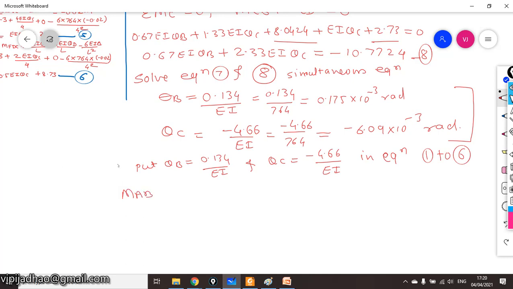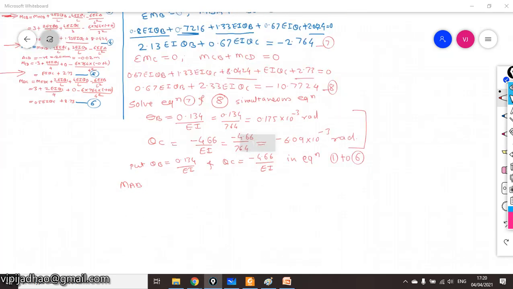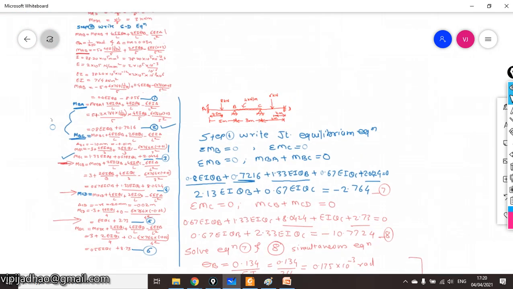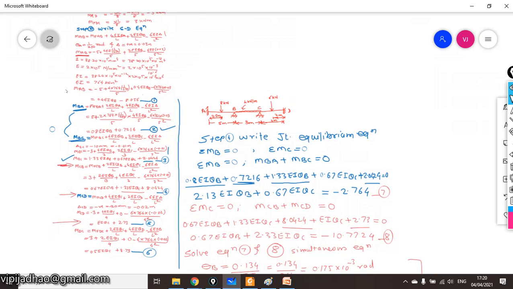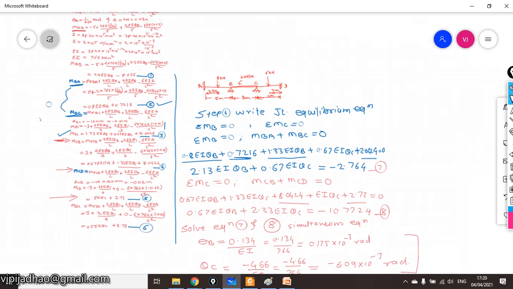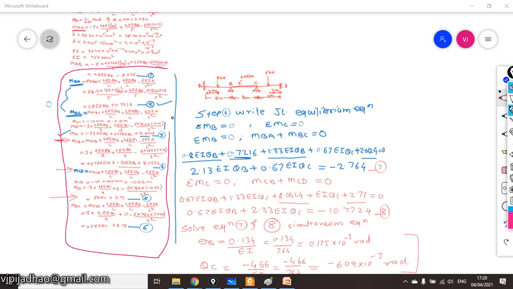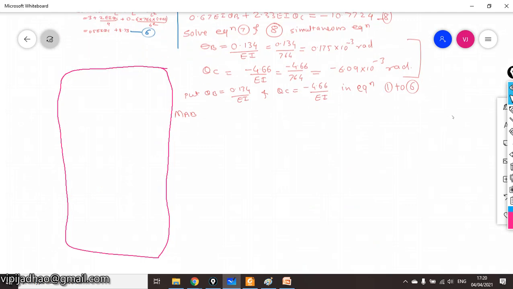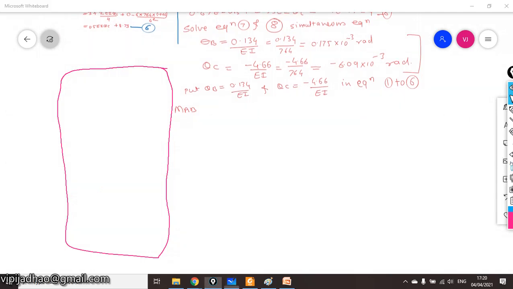What you have to do is put the values of theta B and theta C in all these equations, from equation number 1 to equation number 6. You will get the value of all the final end moments. So I will directly write down the values of final end moments.